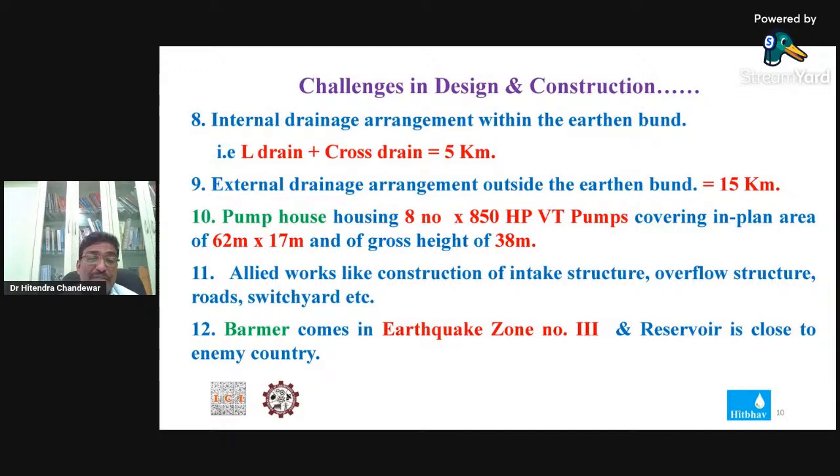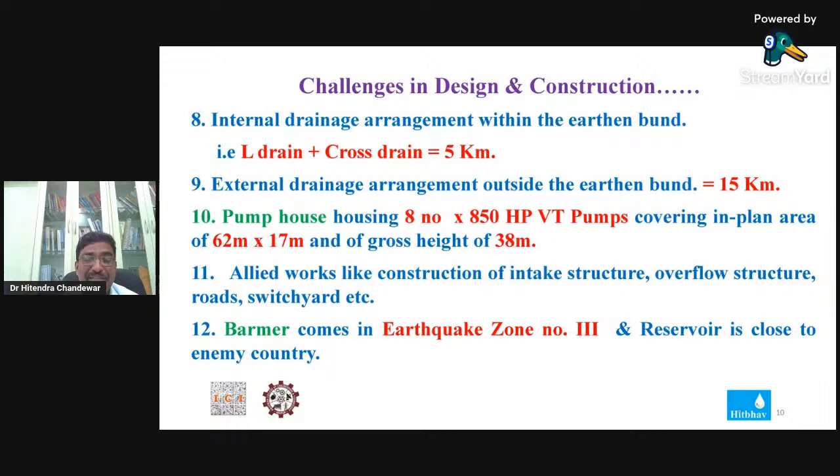The pump house area was 62 meter by 17 meter, and the gross height was 38 meter, equivalent to a 13 story building. It involved a huge work, and each pump was weighing about 20 ton.